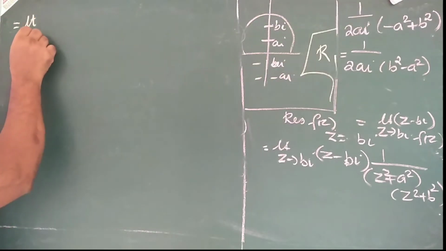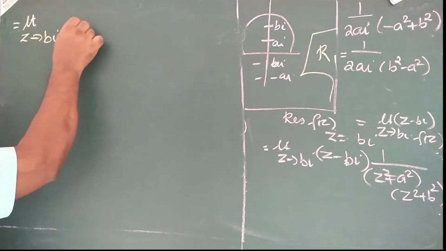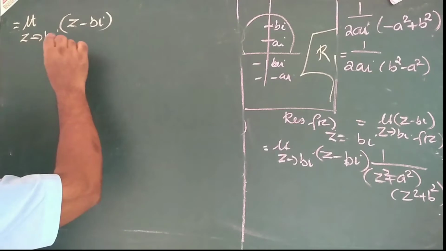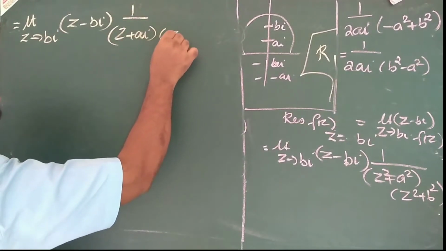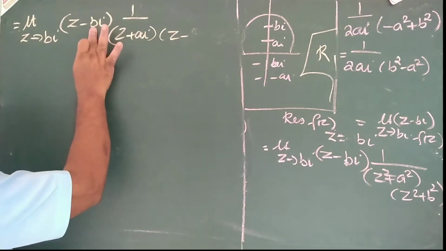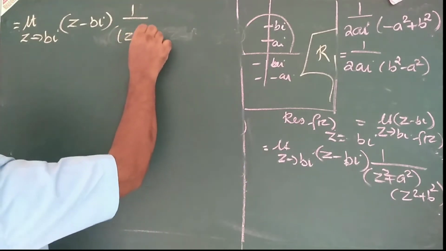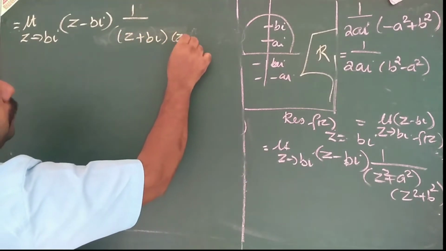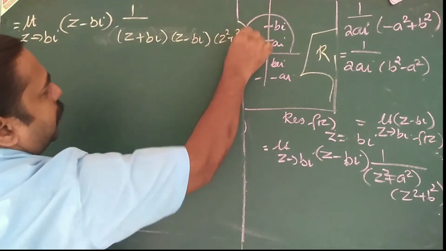Limit z tends to bi, (z minus bi) into 1 by (z plus ai) into (z)... Here we have to eliminate only z minus bi, so we split that term only. That is (z plus bi) into (z minus bi) into (z square plus a square).